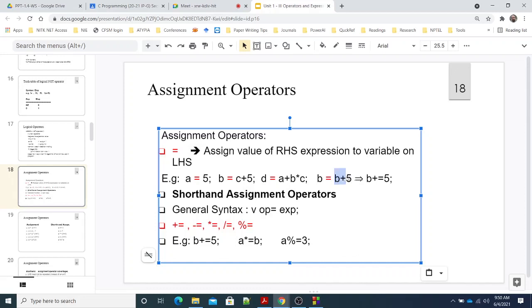So this will become 4 plus 5, because the RHS is evaluated completely first, and only then assigned to the LHS. That means 9 will be assigned as the new value of B, so the existing value of B will be overwritten. If you want to write it concisely, you do it using the shorthand assignment operator. Okay, clear?